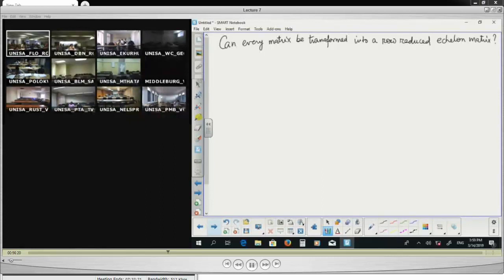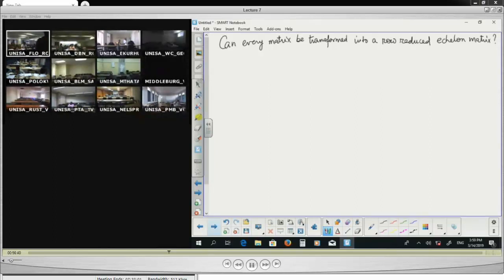But I'm saying, for a matrix, if you just give me a matrix, what does it mean to have a solution of the matrix? So I'm saying every matrix can be converted, transformed to a row-reduced one.